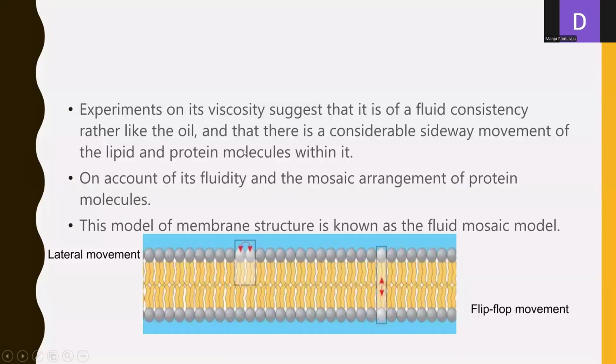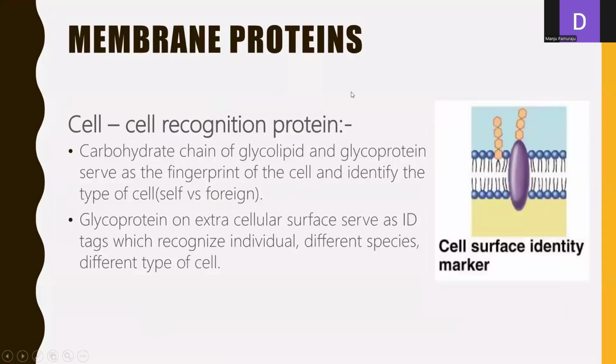So the next one is the membrane proteins. Here different types of proteins are present. First, cell recognition proteins: the carbohydrate chains of the glycolipids and glycoproteins serve as the fingerprint of the cell and identify the type of the cell, whether it is the same type of cell or another type, or foreign material.